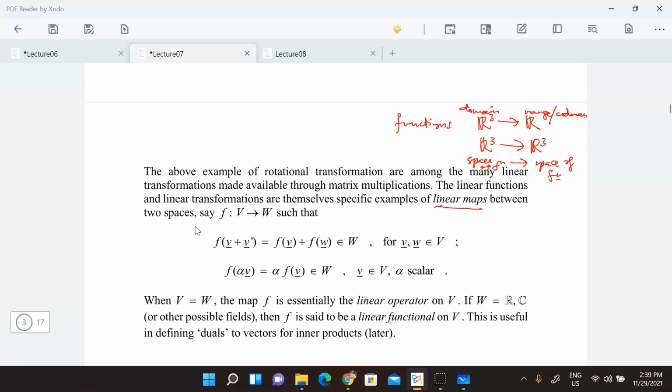Usually we'll take a vector space here to another vector space here, for example. Then this linear map of f, whatever this operation is supposed to be, if it obeys these properties, then this generalizes the idea of linear operators on V.